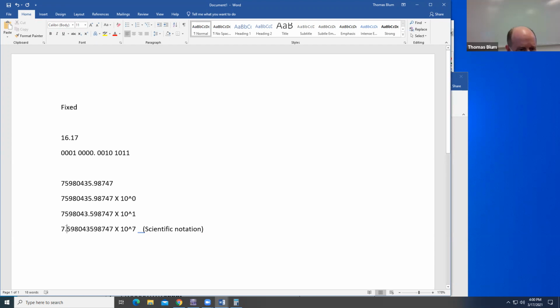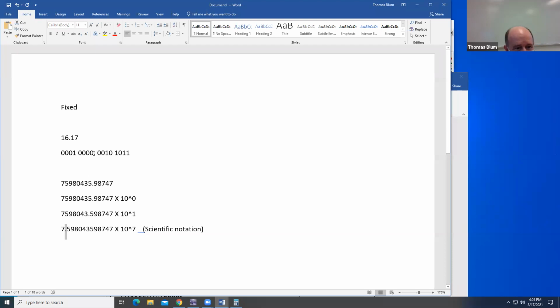So here it was 7.59. There's a single non-zero digit, then the dot, then more digits, and then times 10 raised to some power. That's scientific notation. Now we're going to put it over into binary language.